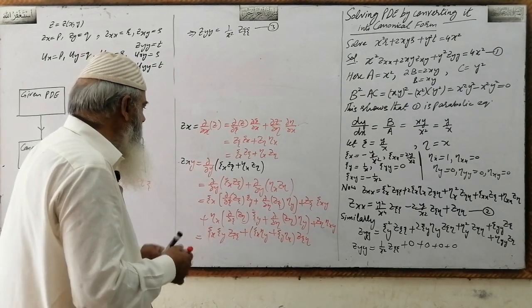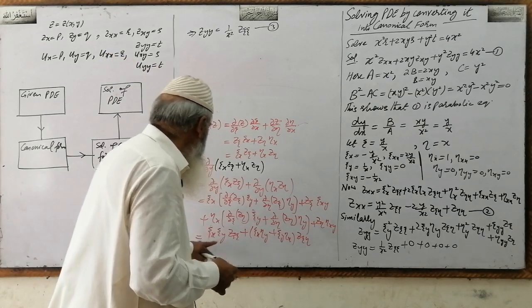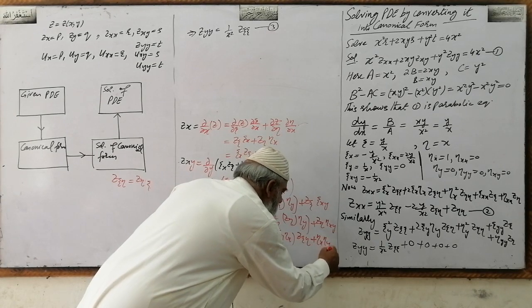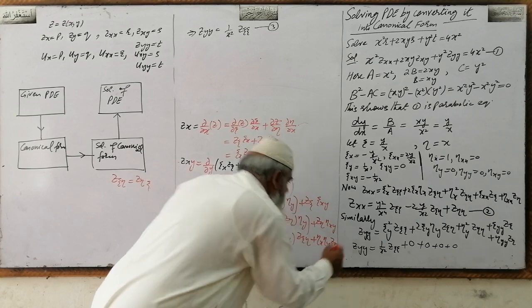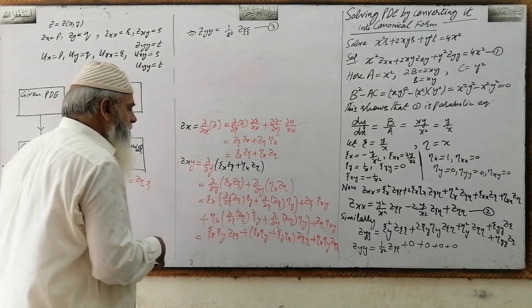And what is the next term here? Next is ηx ηy and z double η. From where is it obtained?